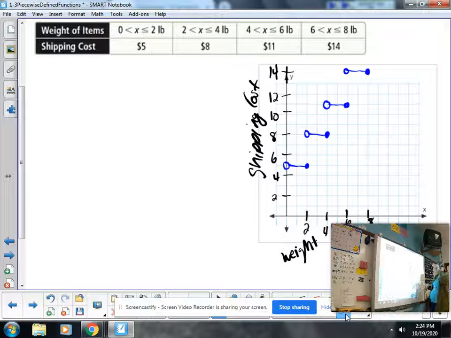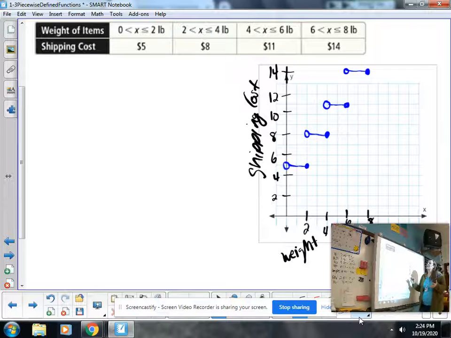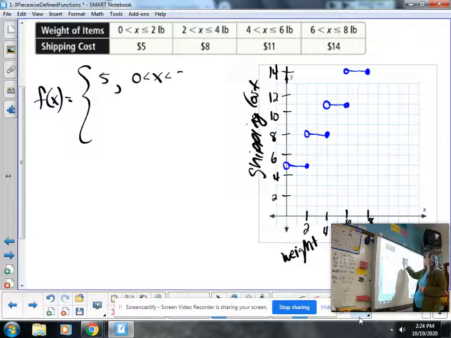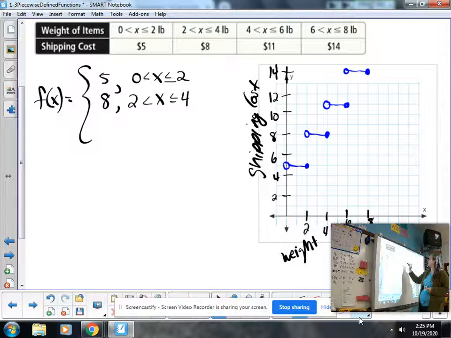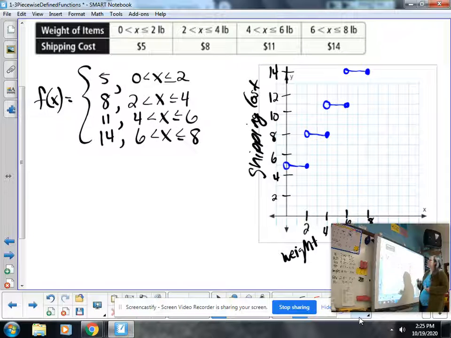certain x values. If we were looking at this in function format instead of a table, it would look like this. If f of x was my shipping cost, it would be 5 if x is between 0 and 2, including 2, 8 if x is between 2 and 4, including 4, 11 if x is in between 4 and 6, including 6, and then 14 if x is in between 6 and 8, including 8.